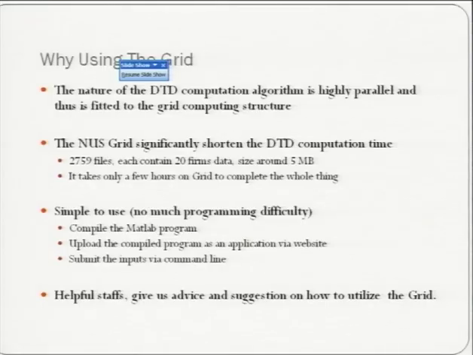And the Grid is simple to use. We can just follow the standard procedures, like compile the MATLAB program, upload the compiled program as an application via the platform on the website, and submit the inputs via a few DOS command lines. Also, I'd like to thank the staff who gave us advice and suggestions on how to utilize the Grid during the project.